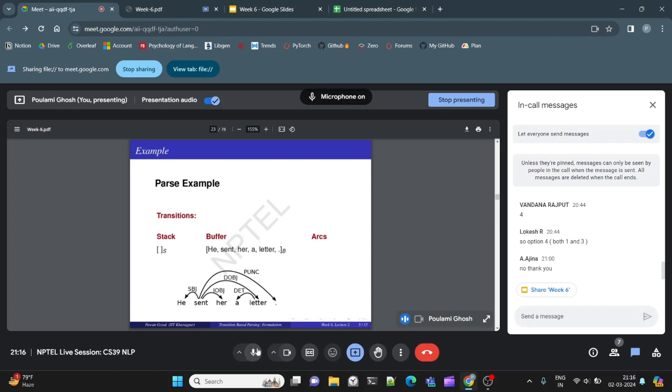If S is there on the right hand side, just remember this statement: if S is there on the right hand side of any production rule, when you are normalizing the grammar, changing to CNF, you have to add S dash to S. That is the only thing you need to keep in mind.